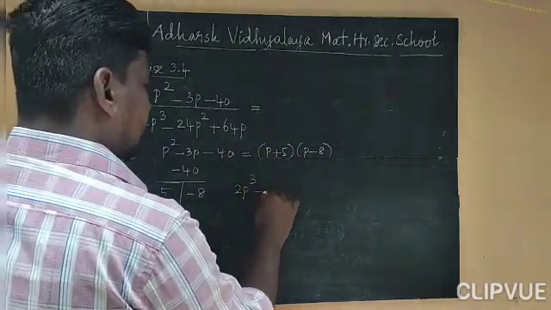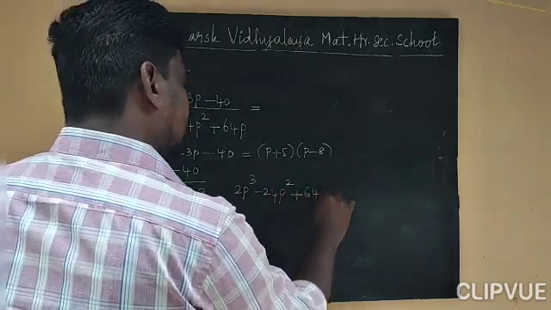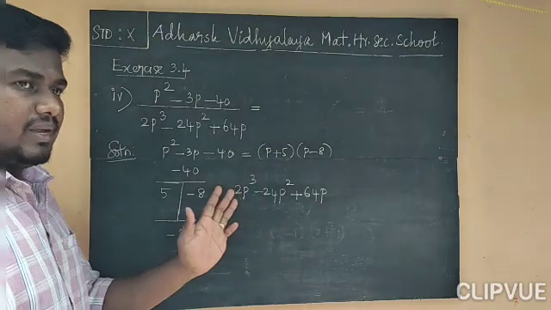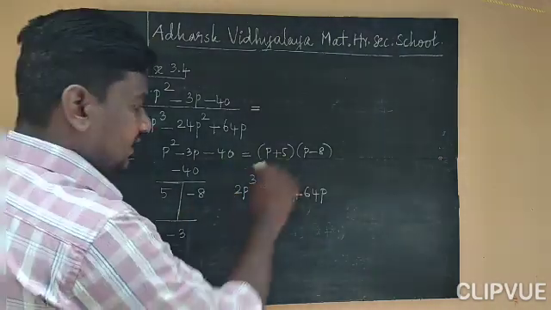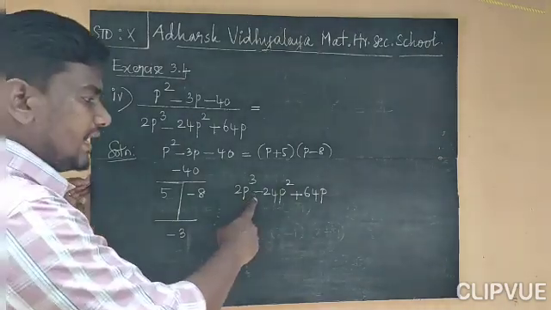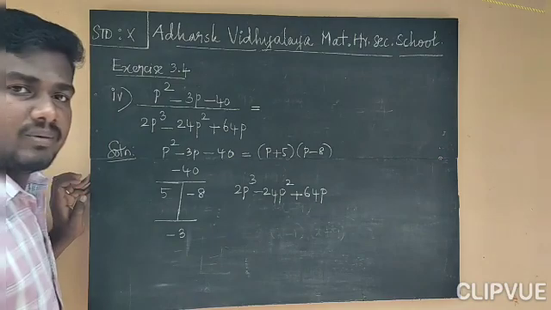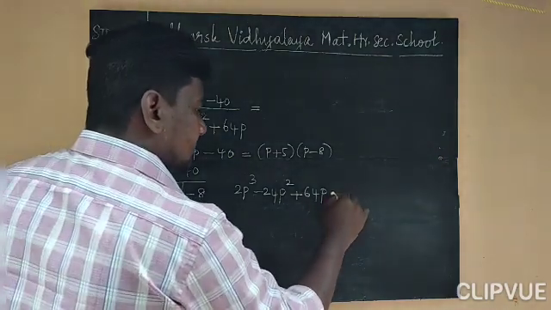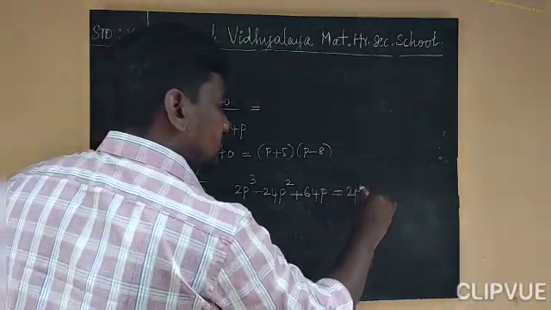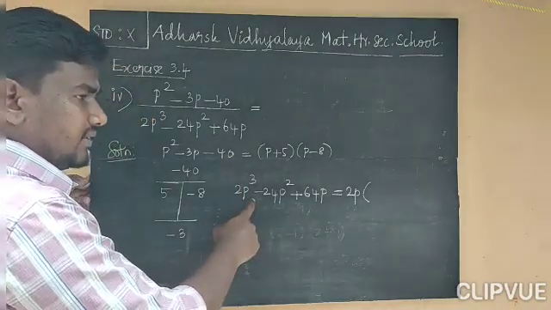The next one, 2p cube minus 24p square plus 64p. This is the cubic polynomial. You know very well, it has three factors. So first I am going to take the common factor p and 2. 2 is the common multiple as well as p is also a common multiple. So if you take 2p out, what do we have here? 2p we already took out.